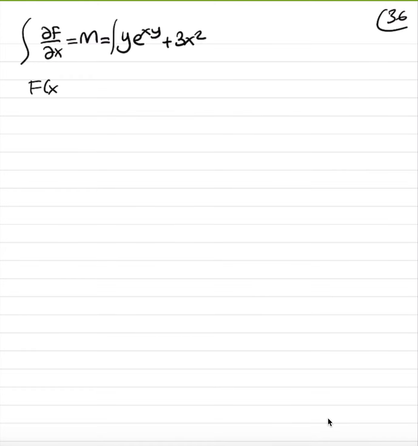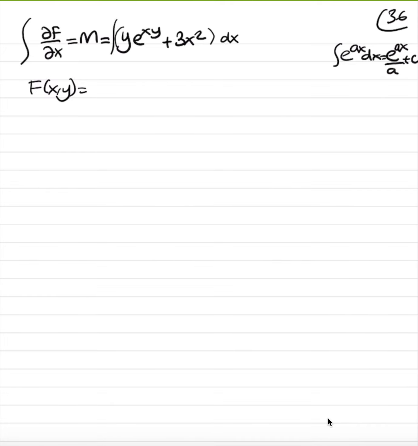So f of x, y is equal to, we think of y as a constant here, so we are taking with respect to x. Recall that the integral of e to the power ax dx is equal to e to the power ax over a plus c. But in this case, we don't write c. And y is constant here. It's like a number 5. You can think of it like 5 e to the power 5x.